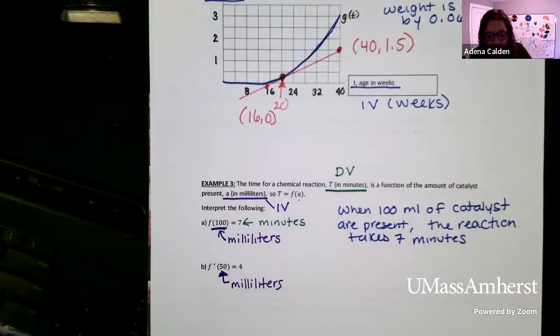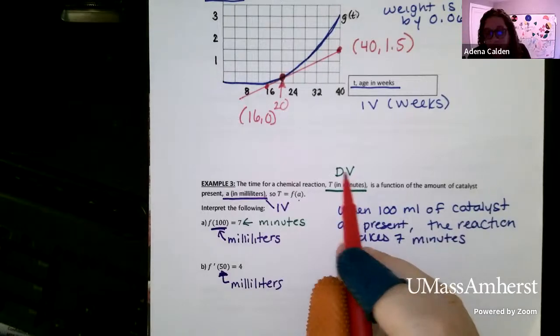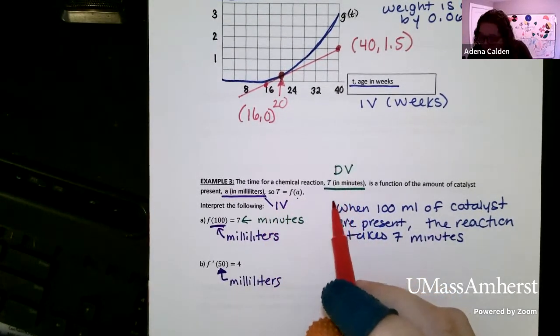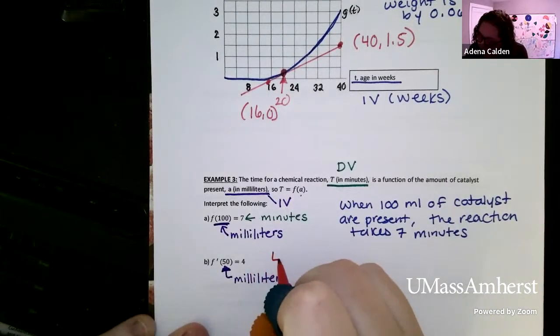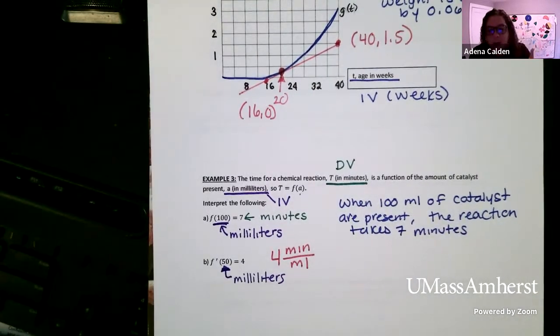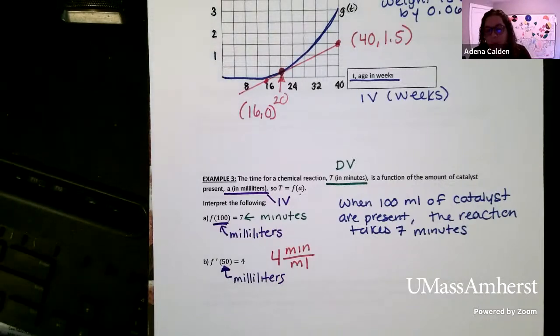Okay, so this 4. When we think about this 4, remember, we're going to do the dependent variable units over the independent variable units. So that means we have 4 minutes per milliliter. Now, that sounds a little awkward, so we really need to think about what that means in this context.